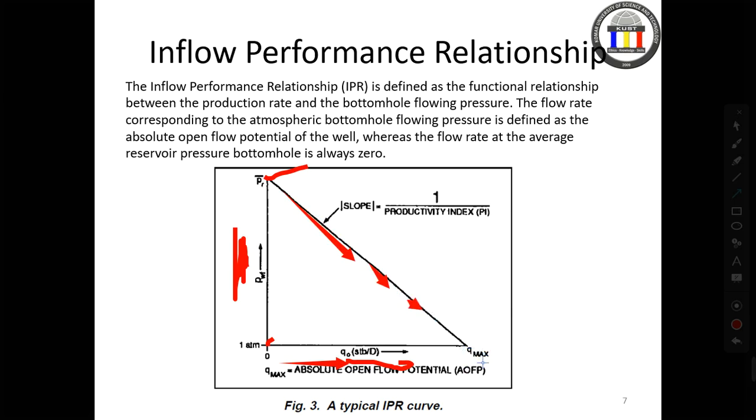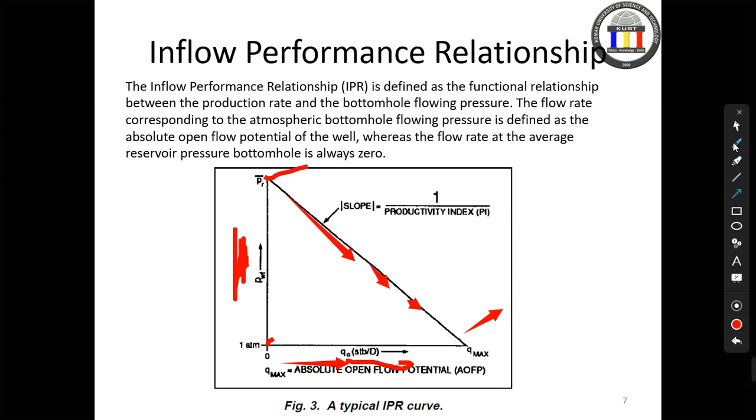You can see it here. So when you produce the maximum, which is theoretical, this point is not possible. But if you produce unlimitedly, the pressure will become zero. That's the point. So anyway, the point is that the more you produce, the more the pressure will drop.